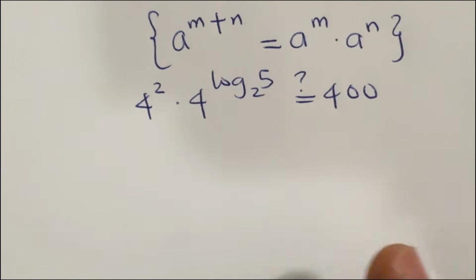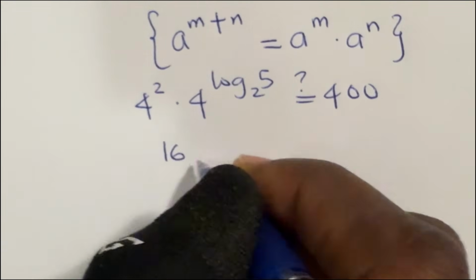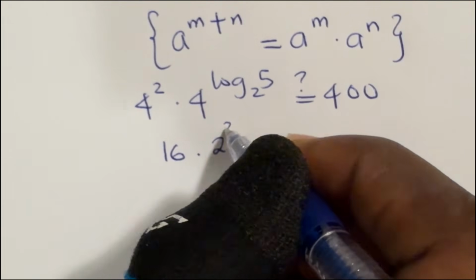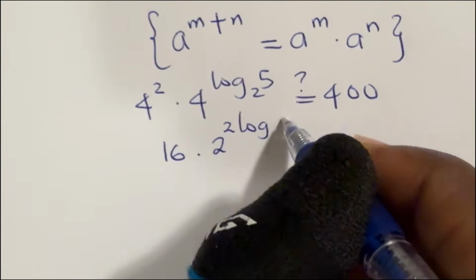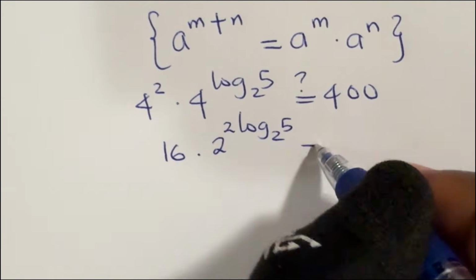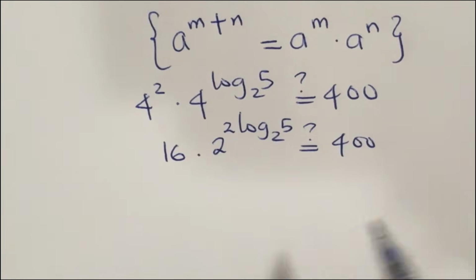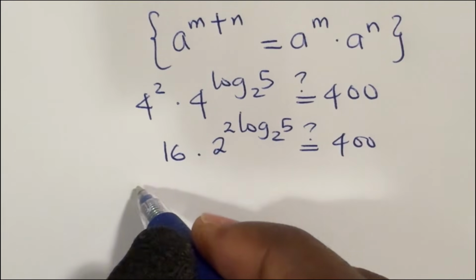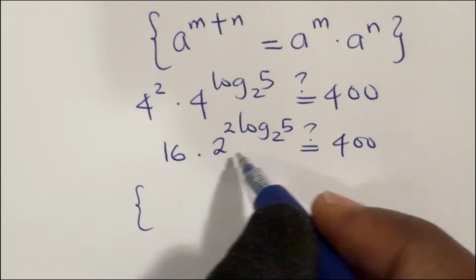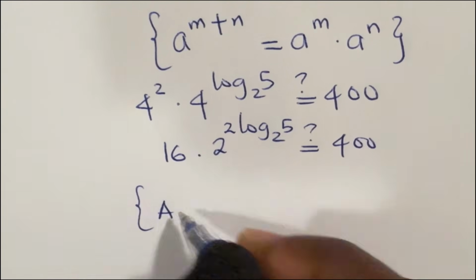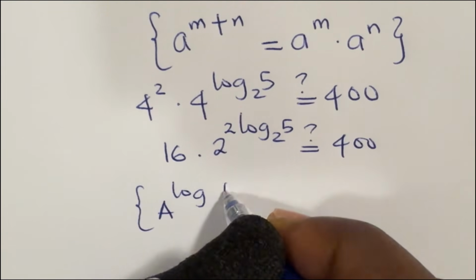4 raised to power 2 is 16, and then here it can be written as 2 raised to power 2 log 5 base 2, which should give us 400. By law of logarithm, this expression here is of the form a raised to power log b base a.